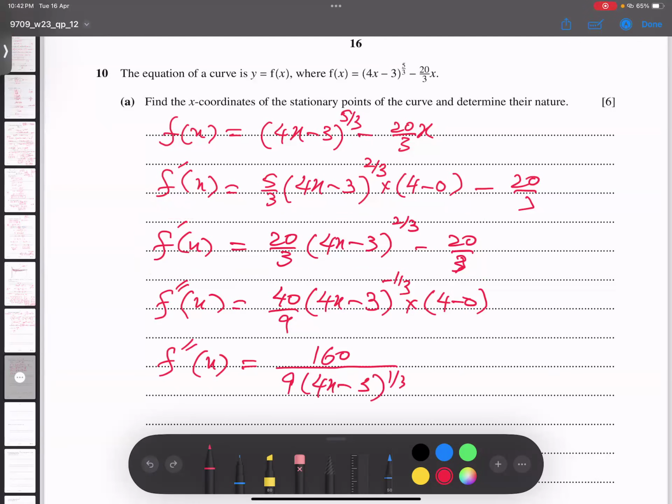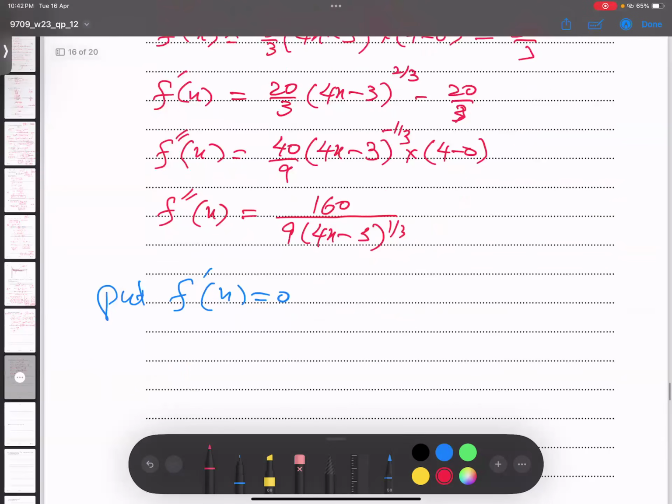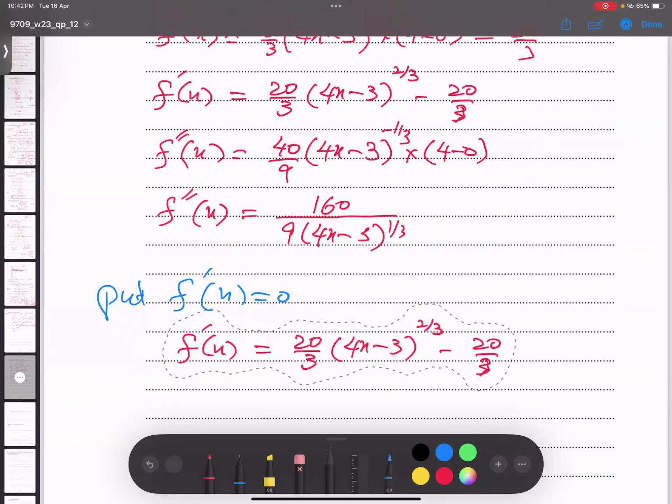So let's move on. According to plan, I will put the first derivative equal to 0. When I put the first derivative as 0, I take this whole equation and plug in 0. So copy and paste. And I plug in 0 here.